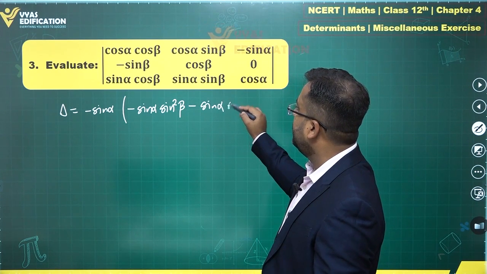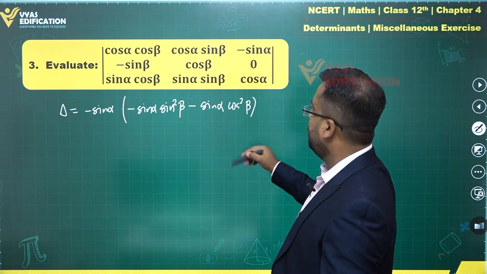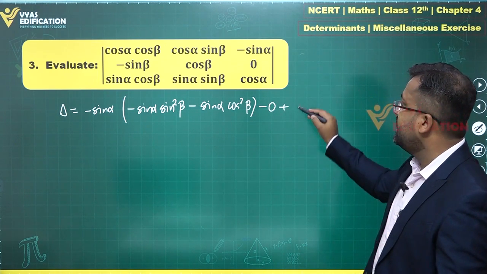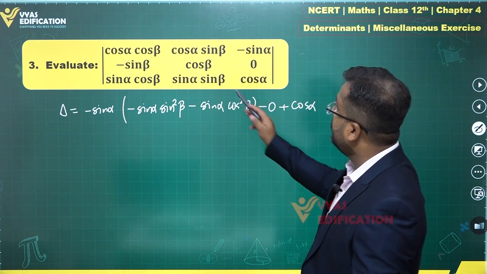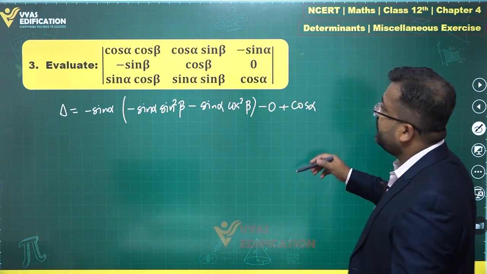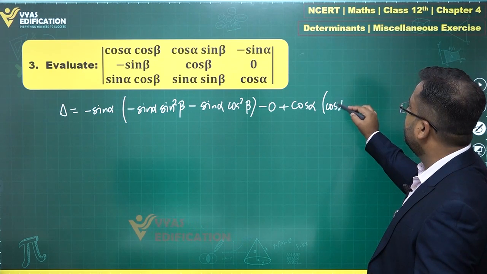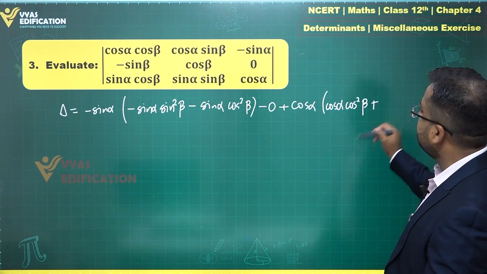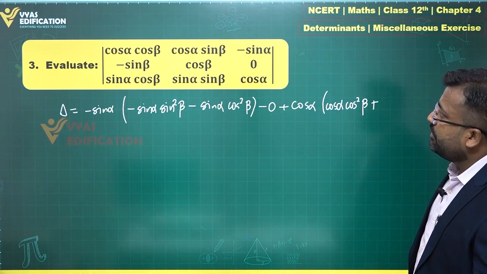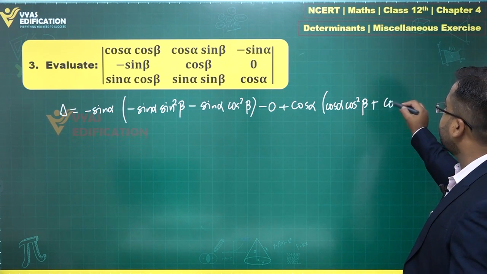There's a sin alpha and this will become cos square beta. Okay, minus 0 is gone, plus the other term will be of cos alpha. And what will that be? This is cos alpha cos square beta. Minus of minus will become plus, since there is a minus sin beta. So it will become cos alpha times sin square beta.